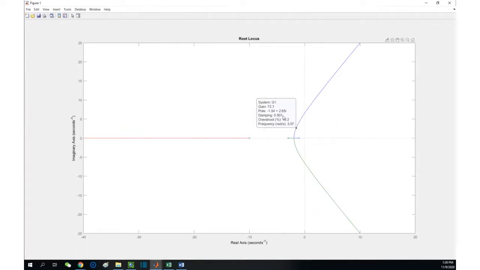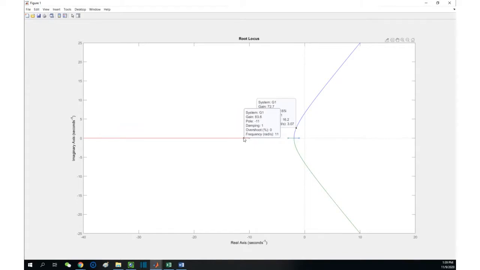If you want to locate this one here, it's symmetrical about the x-axis. These 2 are the dominant poles. The third one is along here, at 72, I mean.